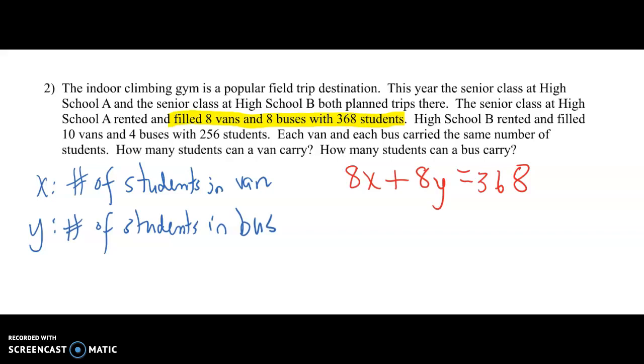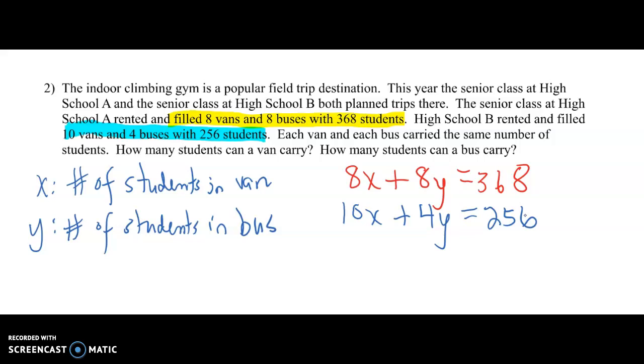Now we're going to look for high school B for our second equation. High school B filled 10 vans and 4 buses for 256 students. So 10 vans, 10x, 4 buses, 4y, equals the 256 students from high school B. All right, so there's our system of equations.